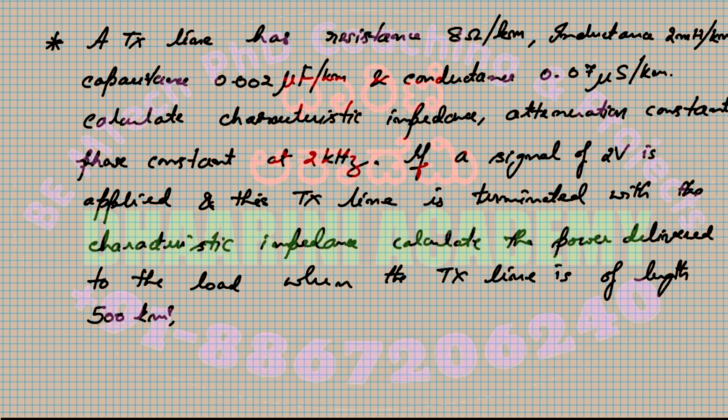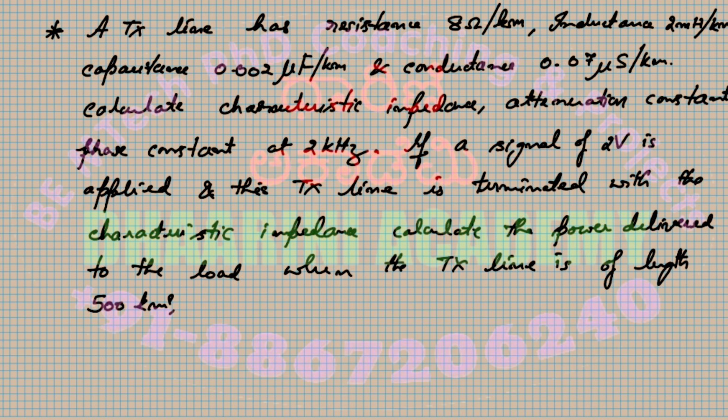Almost a majority of the things I try to cover in this question. Maybe in your question paper you don't get everything like this, but part by part. In this case, you can see that ZL is equal to the Z naught value itself.